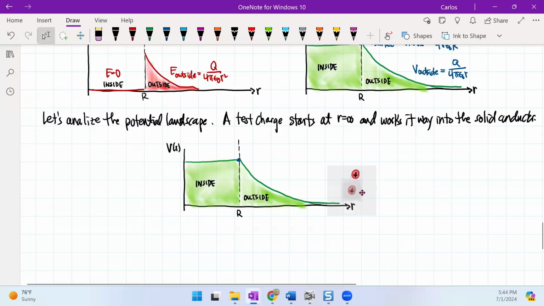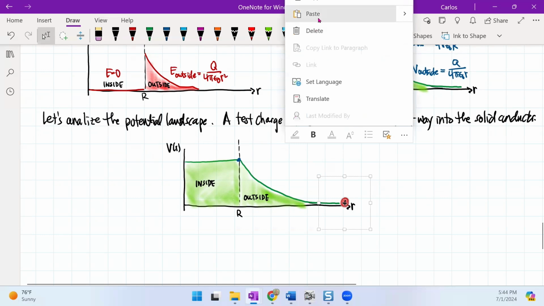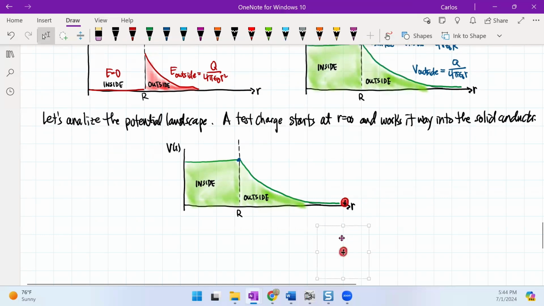I am going to start at infinity. Then, just like we did before, I'm going to bring it to some point right here. And then I'm going to continue to bring this all the way to the surface. And then I'm going to make my way into the surface where I'm now moving along this thing.